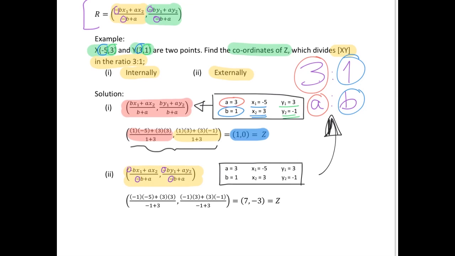So instead of having a 1 here, we have a -1, and so on. And once we simplify the fractions inside these coordinates, we end up with the answer that the external point Z is 7, minus 3. And that's our final answer.